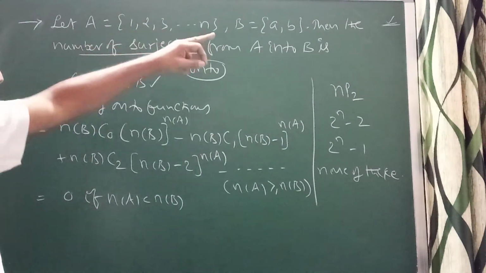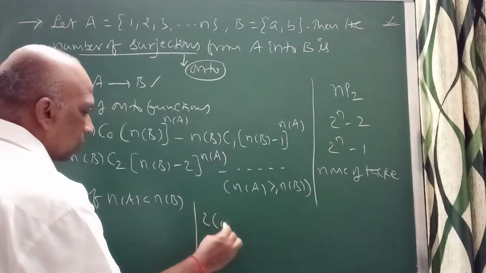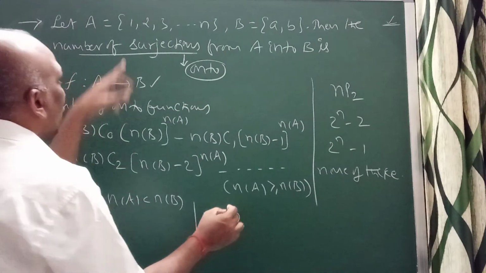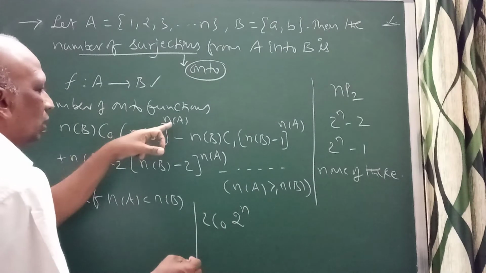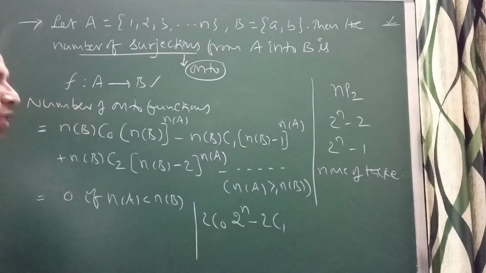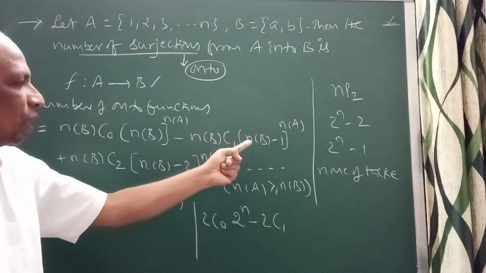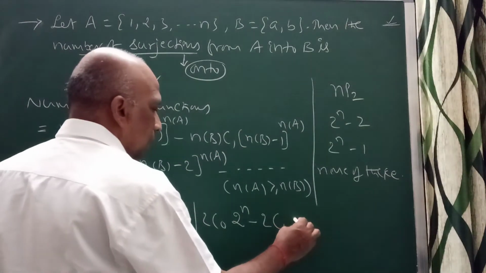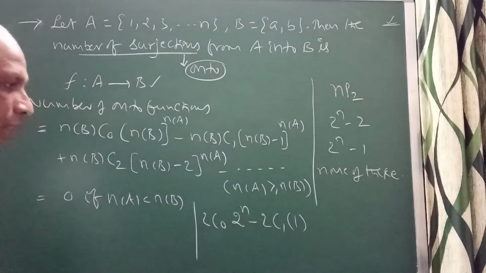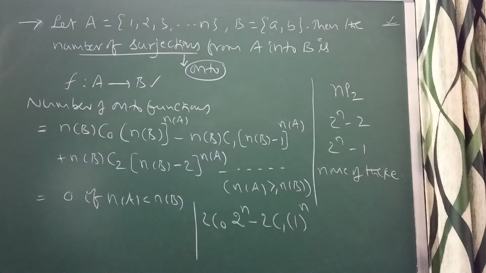So n of B is 2, and if I apply this formula, I will get 2C0 into 2 power n, minus 2C1, since n of B has two elements, into (2 minus 1) power n, which is 1 power n.